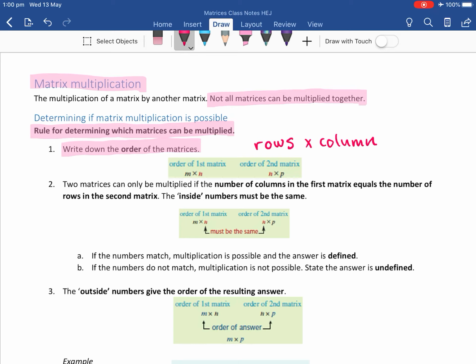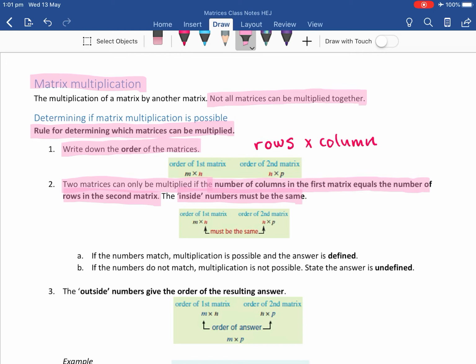That's how you write an order of a matrix. So you need to write them down for both. The second step is two matrices can only be multiplied if the number of columns in the first matrix equals the number of rows in the second matrix. The inside numbers must be the same.